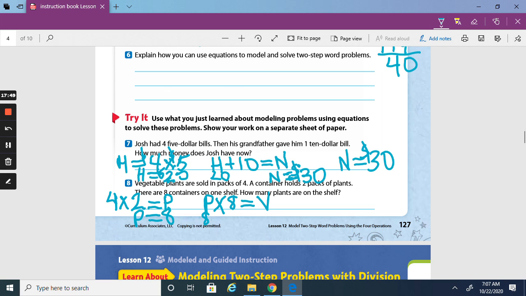If I multiply 8 times 8, I will get an answer for how many vegetable plants are on one shelf. So if I multiply 8 times 8, I get 64. So V equals 64. So there are 64 plants on the shelf.